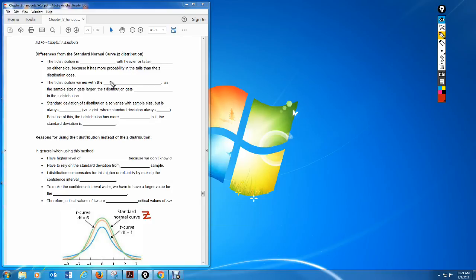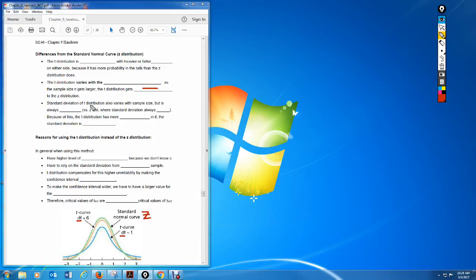The t-distribution varies with the sample size. Down here, the degrees of freedom are related to the sample size. As the sample size or degrees of freedom gets larger, you can see that the t-distribution gets closer to the z-distribution.